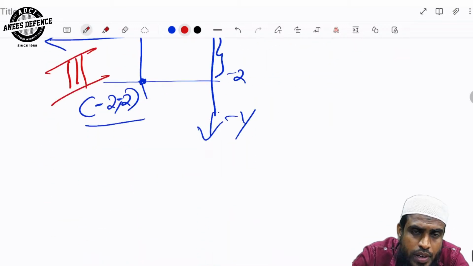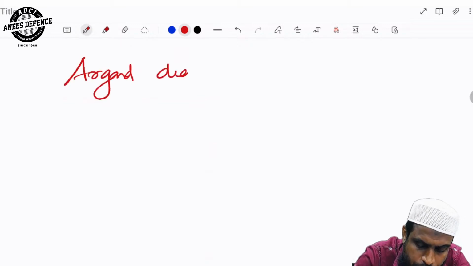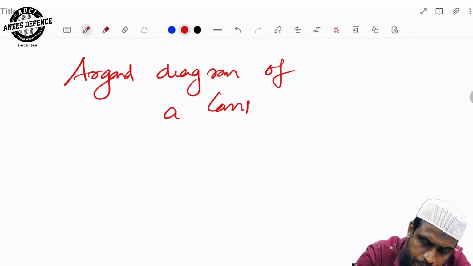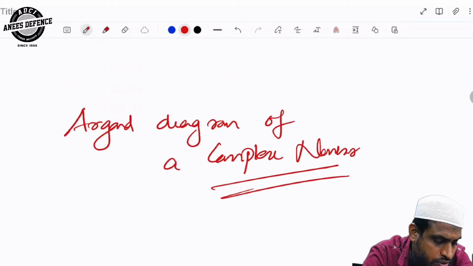So in this way, you can draw the Argand diagram of a complex number. This representation is known as the Argand diagram of a complex number.